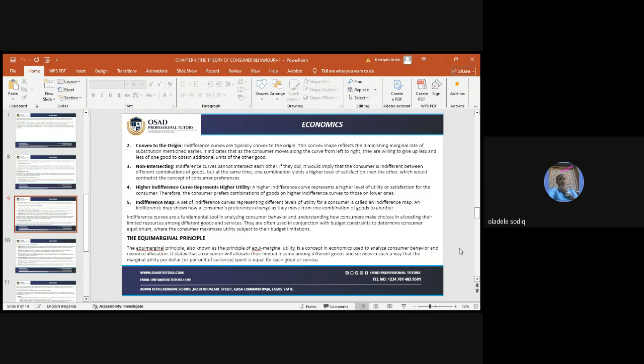Number four, a higher indifference curve represents a higher level of utility for the consumer. And lastly, we said indifference curves represent different levels of utility for the consumer. So an indifference map is a set of indifference curves that represent different levels of utility.